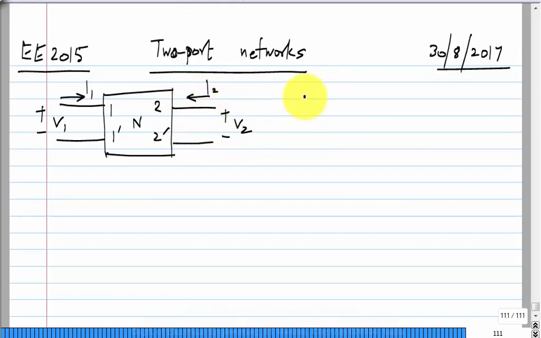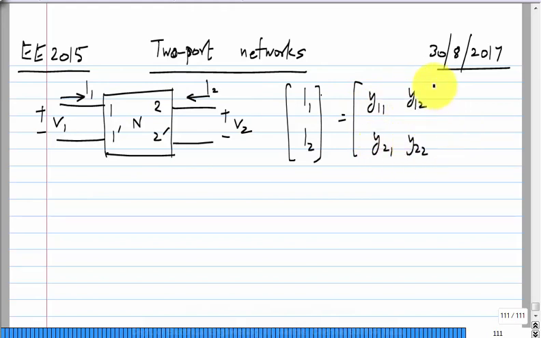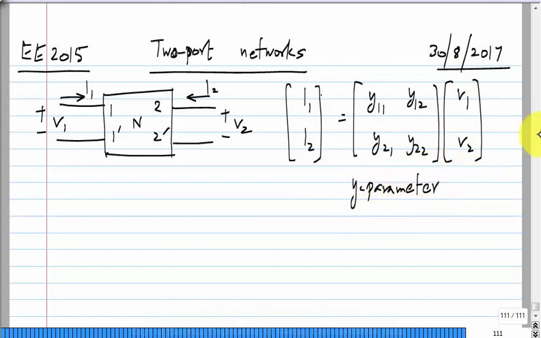And we could express, for instance, the currents as a function of voltages. When we write the two port currents as a function of the two port voltages, these constants are conductances, okay, and this is known as the Y parameter set or the Y parameter matrix. Okay.